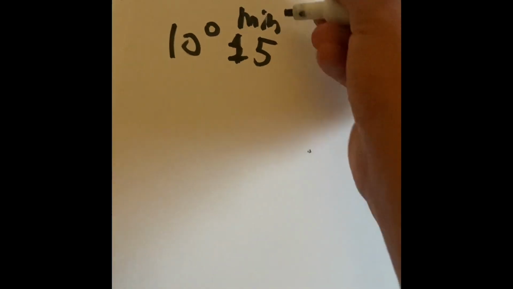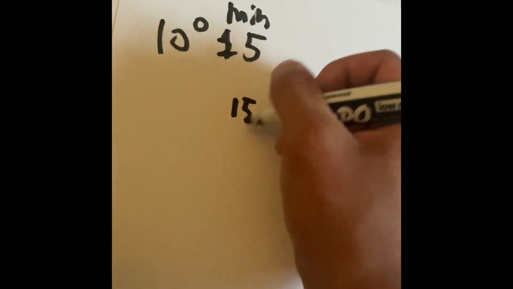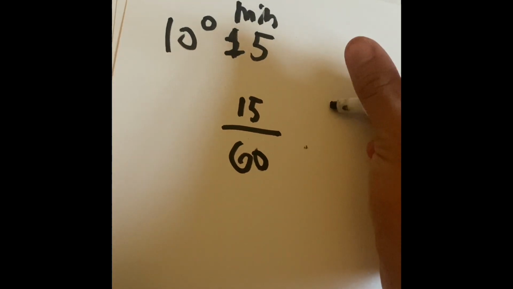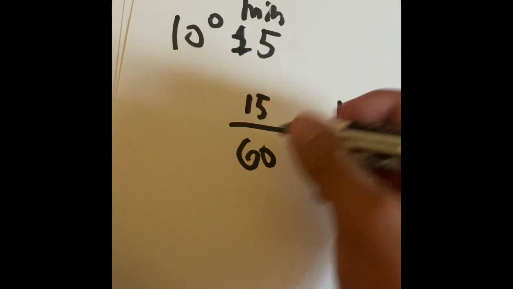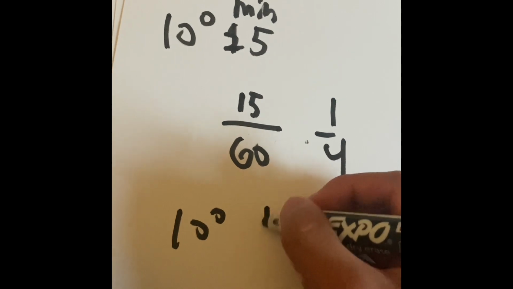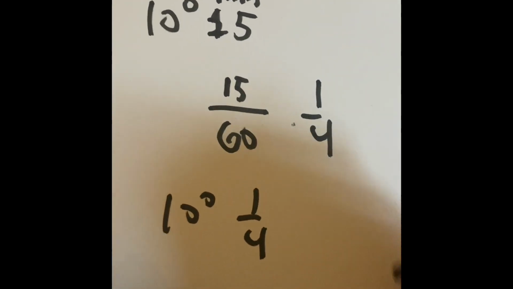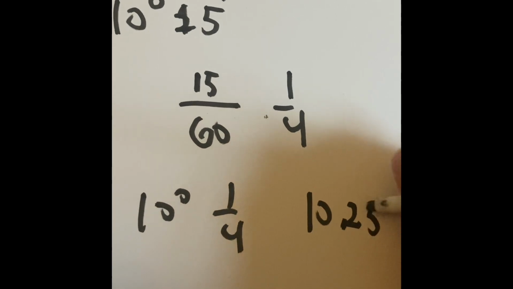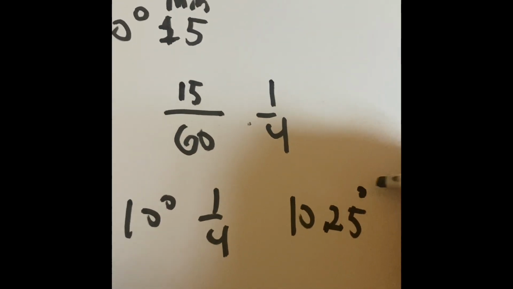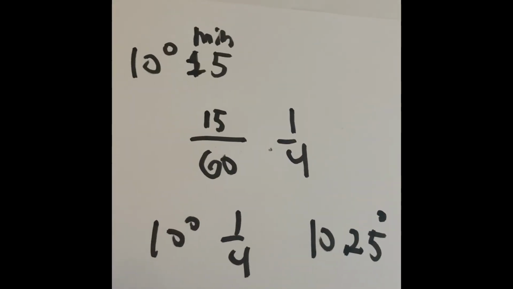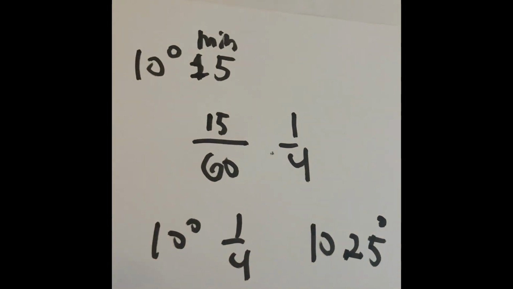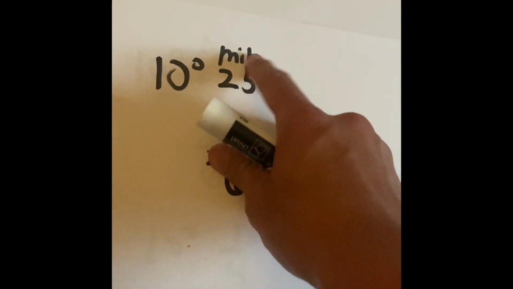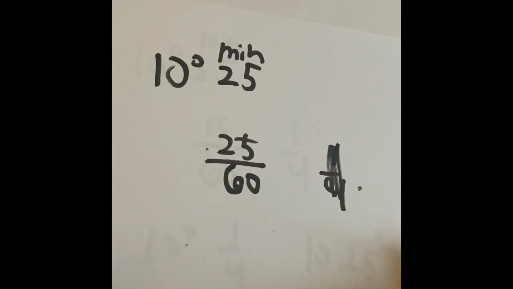So 15 minutes and an entire hour is 60 minutes. We can simplify that to 1 over 4. So 10 degrees, 1 over 4. And some teachers want it as 10.25 degrees.